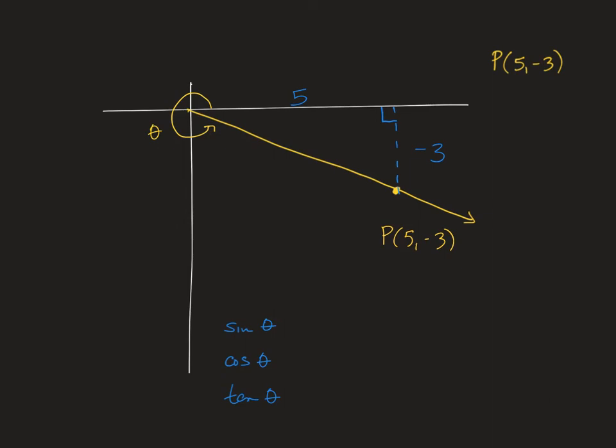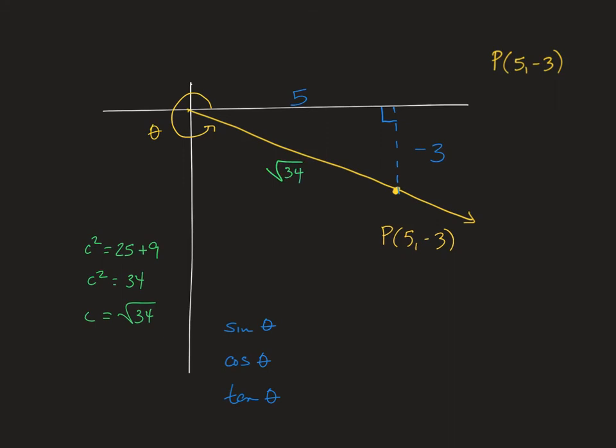And we can jump back into grade 8, and we can find the value of the hypotenuse using Pythagorean. So c squared is going to be 25 plus 9, c squared is going to equal 34, and c is going to exactly equal root 34. So I can now label that on my triangle.